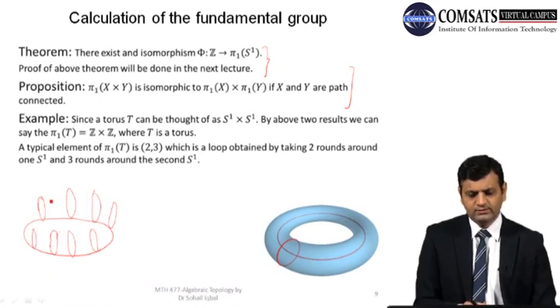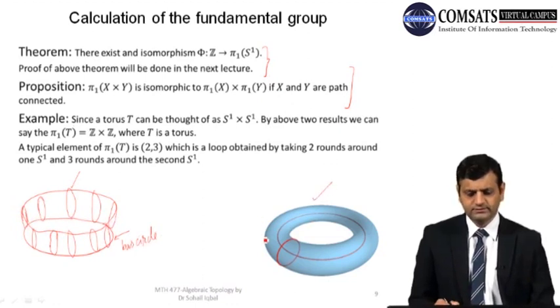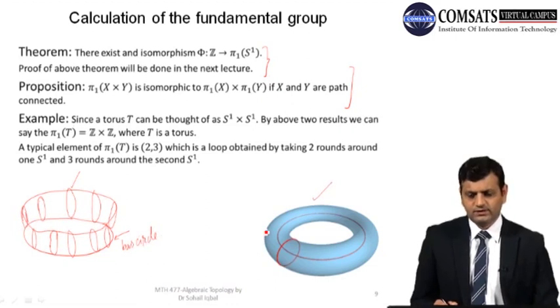In other words, I'm placing this circle at each and every point of the base circle, and the space which we will get is going to be a torus. It will look something like this.